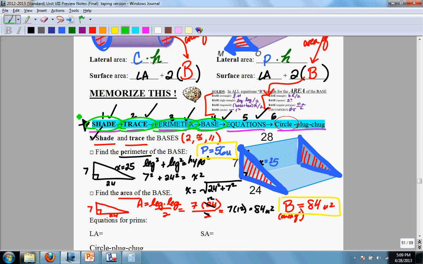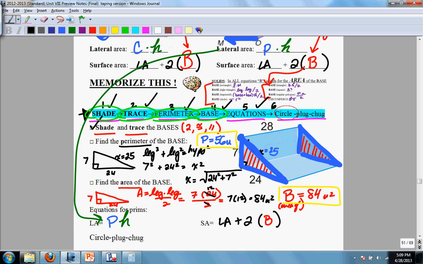Our lateral area is perimeter times height. And our surface area is whatever our lateral area is plus the area of 2 bases. Capital B for area of.